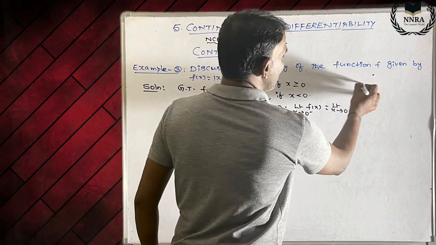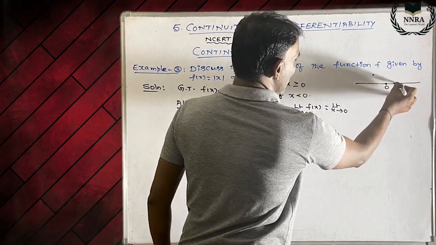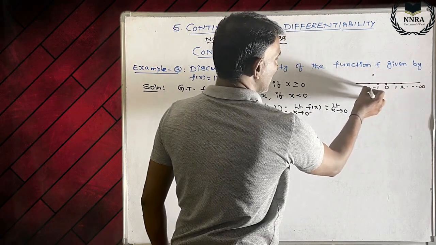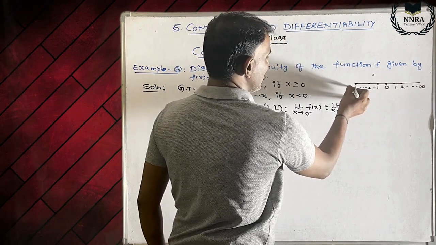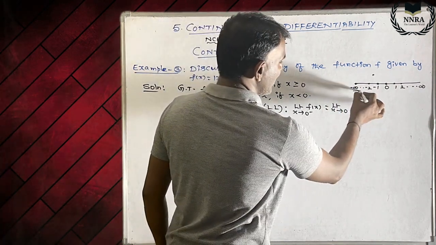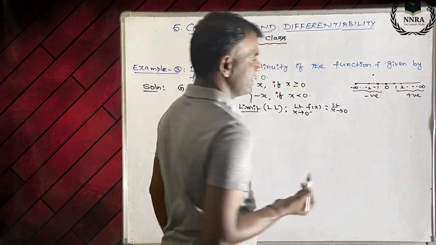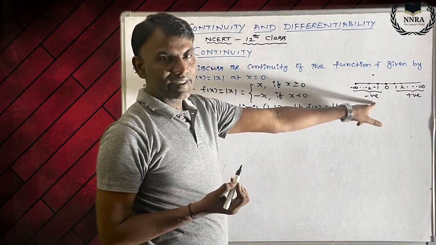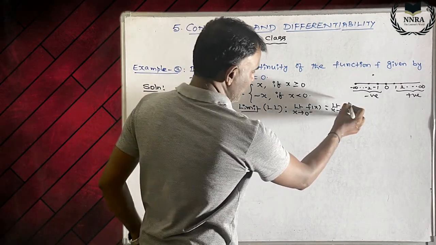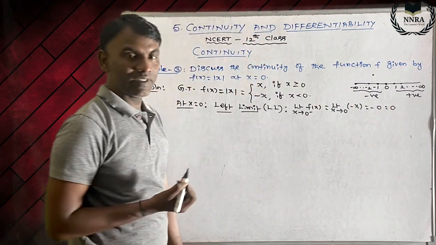Because suppose if you take a number line, if you take 0, here we'll get 1, 2 and so on to infinity, and this side minus 1, minus 2 and so on, to minus infinity. x less than 0 means this part, the negative part, right? And this is the positive part. So less than 0 is nothing but left limit. So here this is the function for left limit. Then what is that? Minus x. Minus 0. Minus 0 can be written as 0 only.